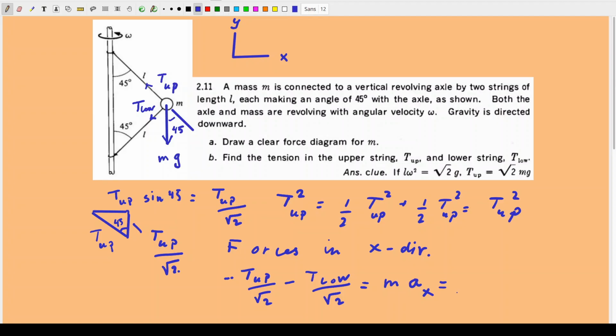So it is not in the positive x direction, it is actually in the negative x direction. So it will be a minus here, and the centripetal acceleration is omega squared times the distance to the axis which we are revolving around, and that is L over square root 2.